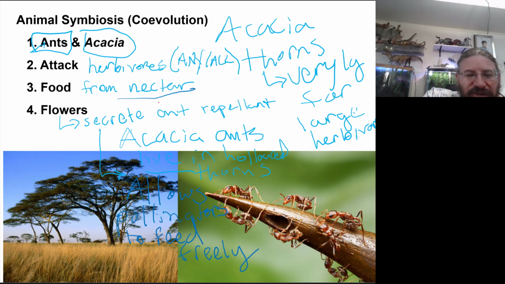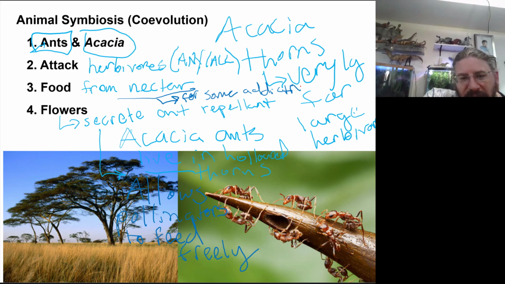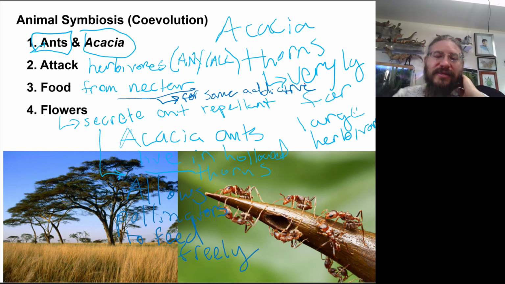In some acacia trees, it's addictive. And for some ants and acacia trees, it's downright symbiotic. By that I mean there are some ants that can't live without their acacia host.